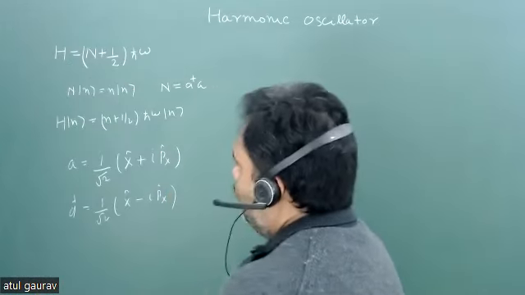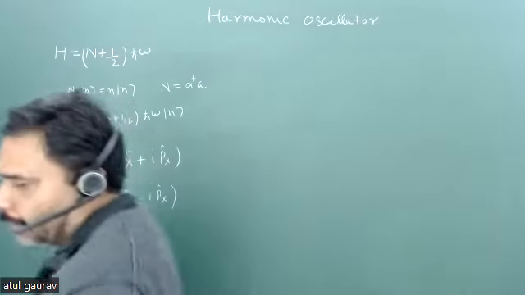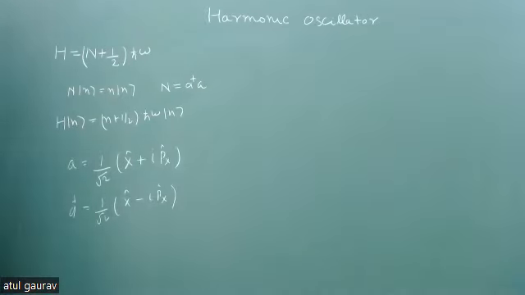Yes? And most important thing is that we have already discussed the nature of A, and we have a commutation relation, that is [A, A dagger] is nothing but equal to 1.